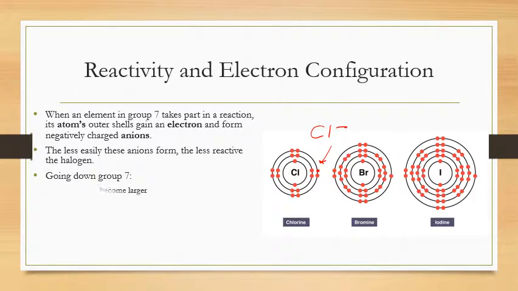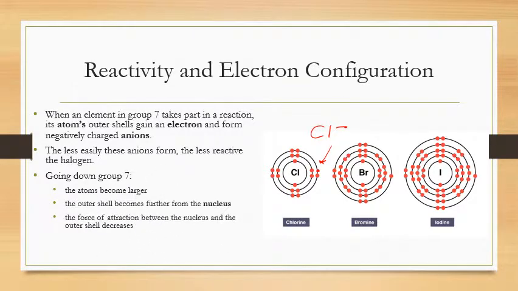As you go down group 7, the atoms become larger, the outer shell becomes further from the nucleus, and the force of attraction between the nucleus and the outer shell decreases, because the positive nucleus is further away, so it can't pull as strongly on the negative outer shell electrons, which is electrostatic attraction. Because of this, an outer electron is gained less easily.